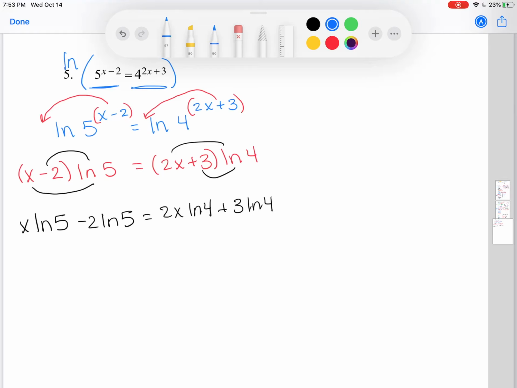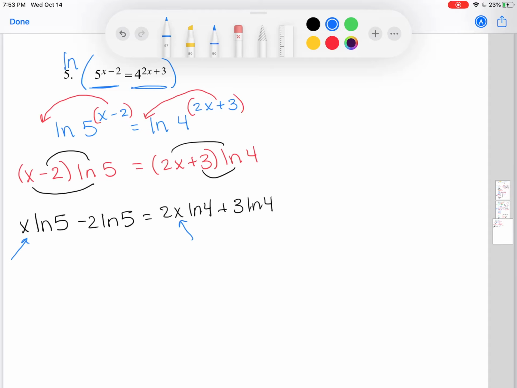Okay. Take a step back here and look at our new line, our new function. Remember, we are asked to solve for x. So if I look and try to find my x, I have one here and I have one here. So they're kind of all over the place.